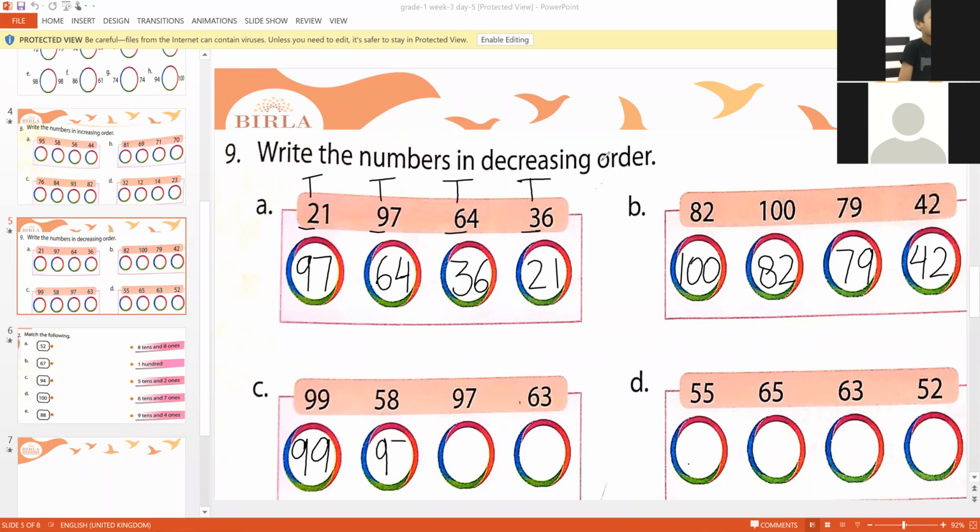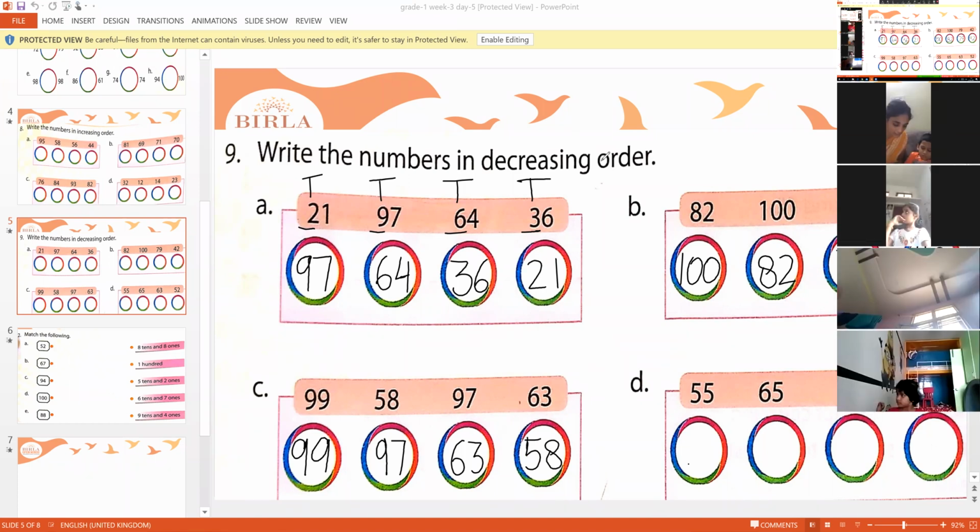Then 63. Very good. The last one? 58. Very good, Sai Joshit. Thank you, ma'am. Okay, now you can mute yourself, Sai Joshit.